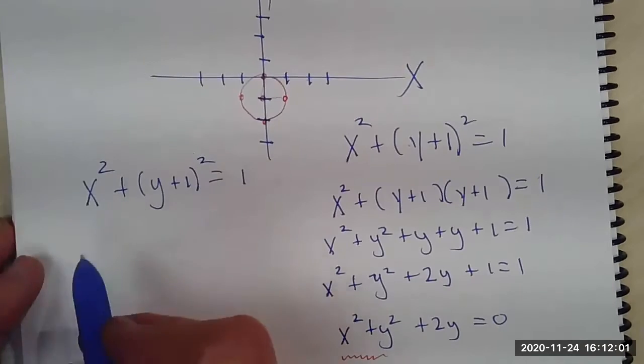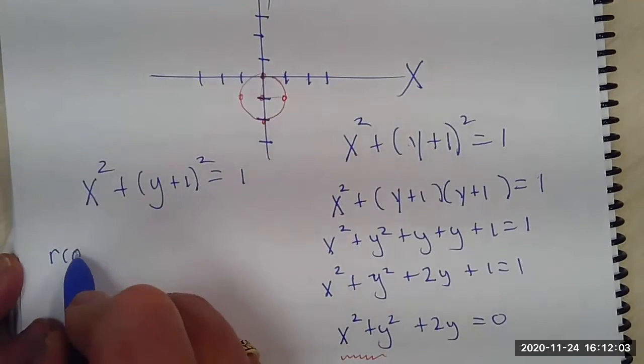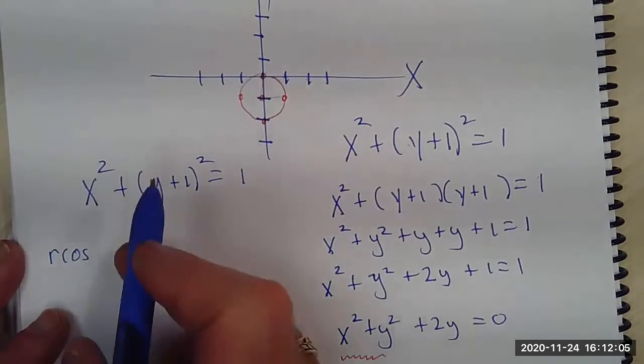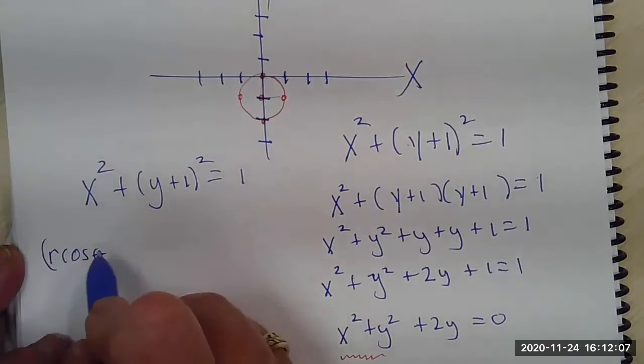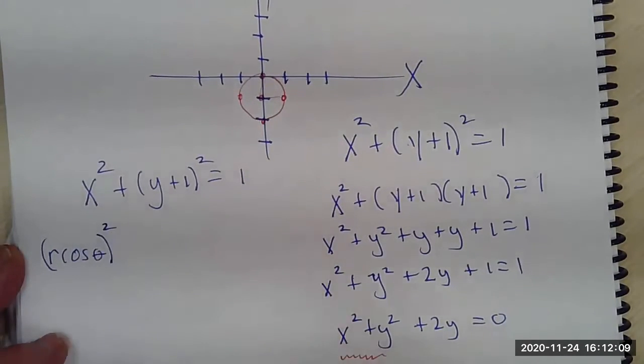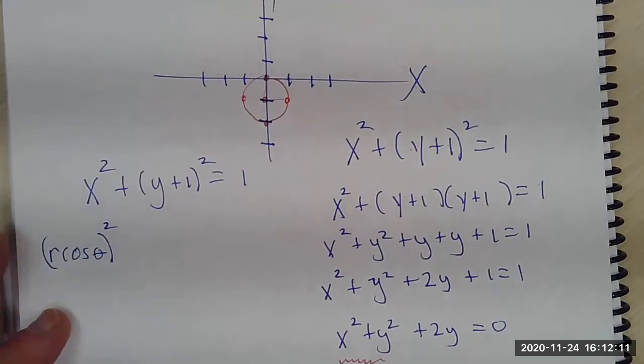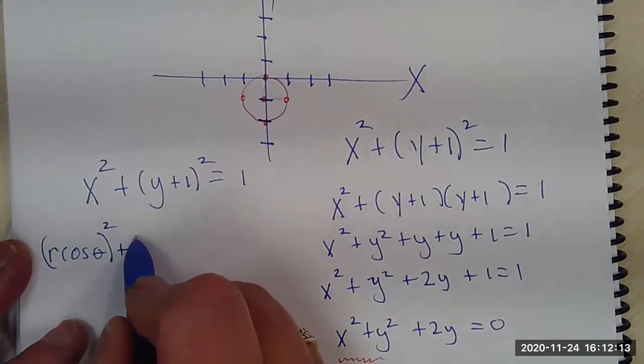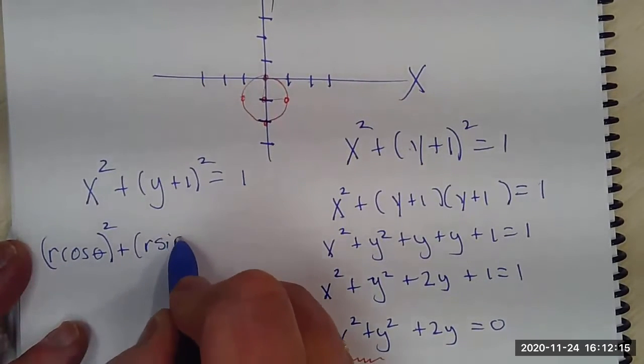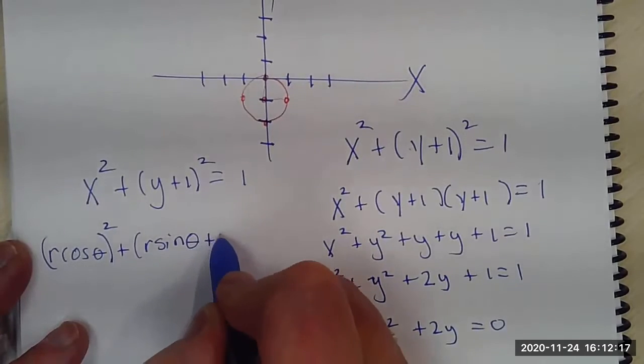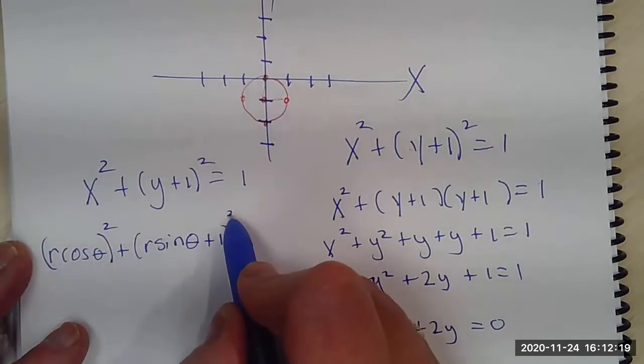And x is r cosine theta, but then you have to square it. And then plus r sine theta and a plus 1, and I'm going to have to write this down twice.